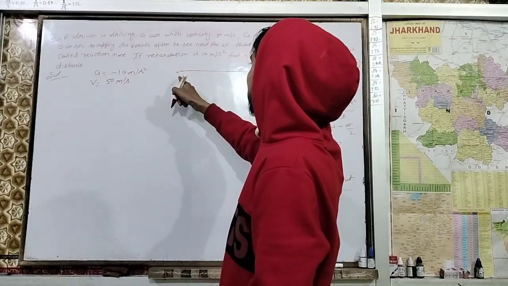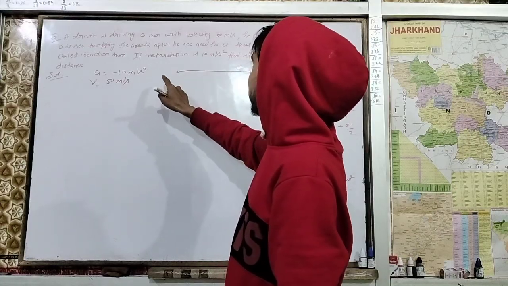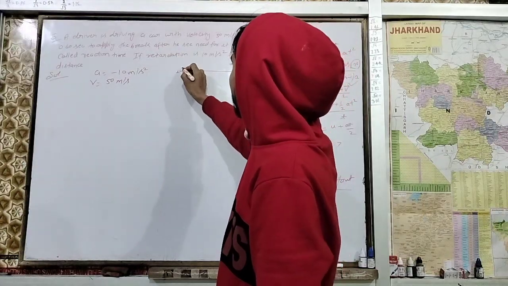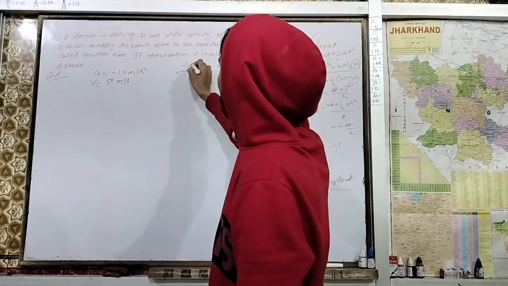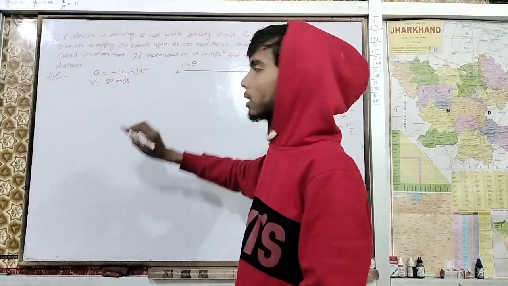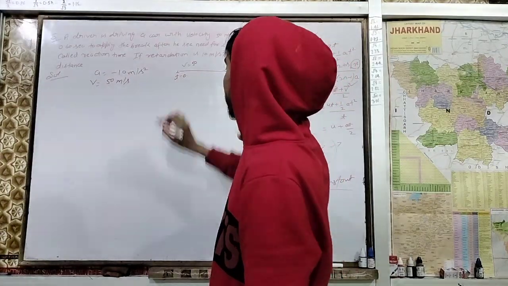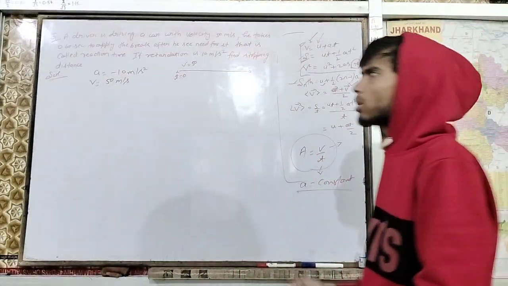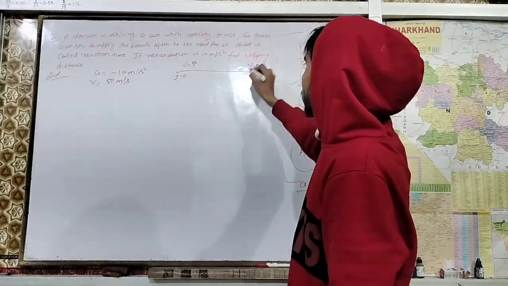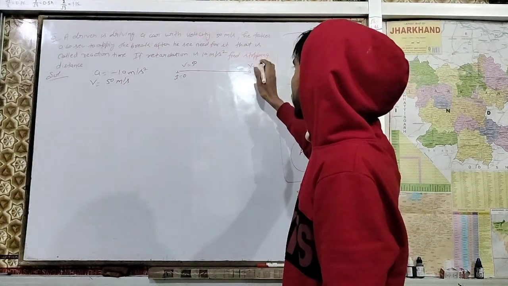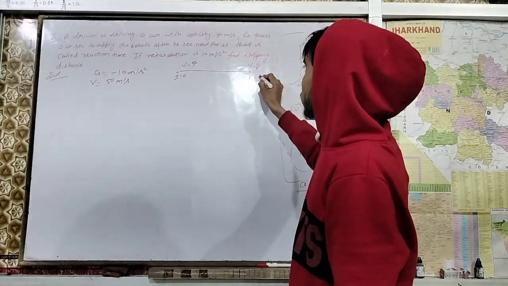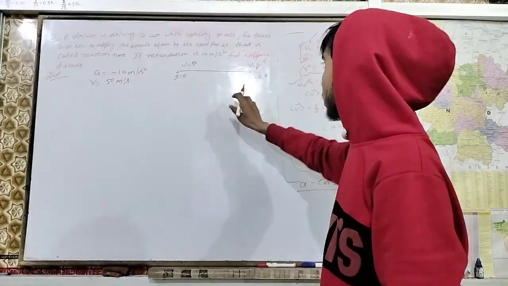Let's say the car started, and the velocity of the car was 50 meters per second. So this is our velocity, where t is 0. When it comes to rest, of course the velocity will become 0. And the time is how much? 0.6 seconds.